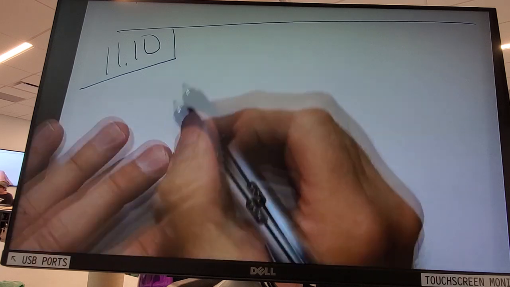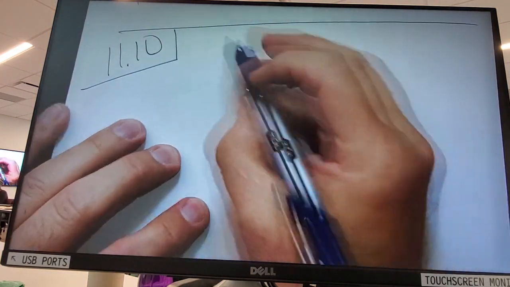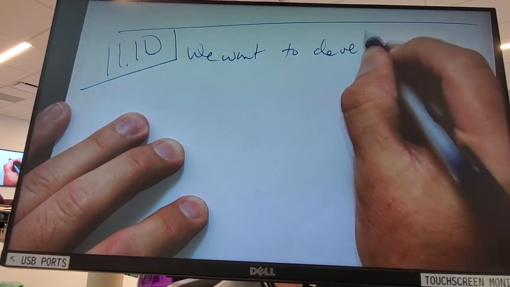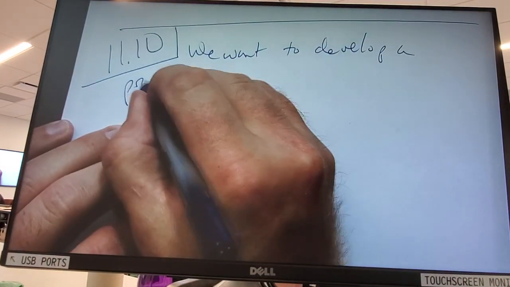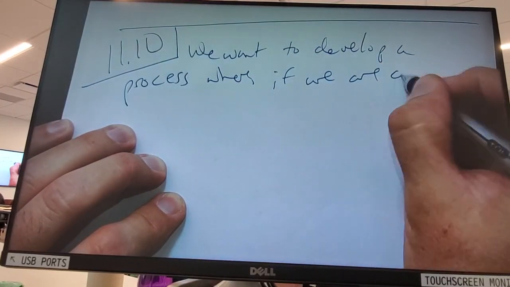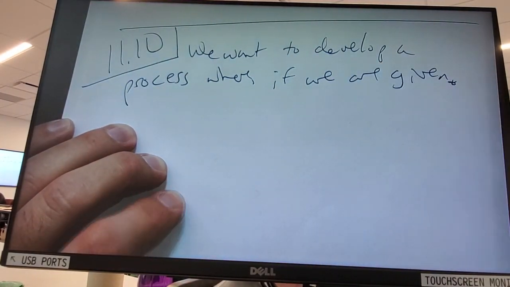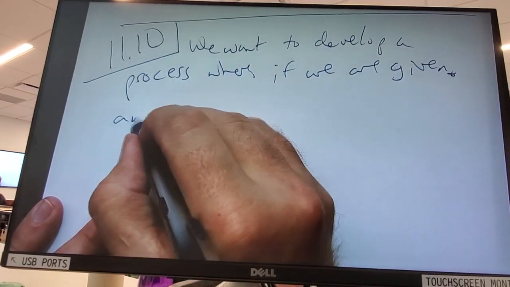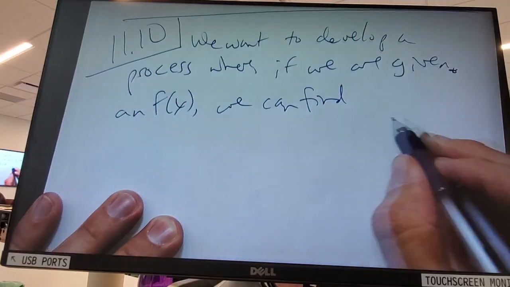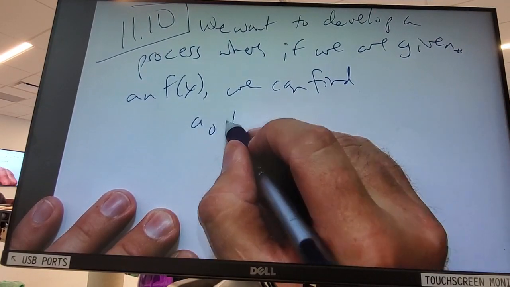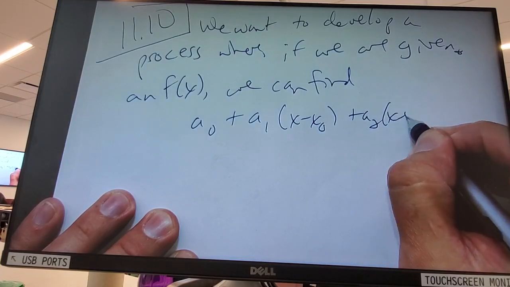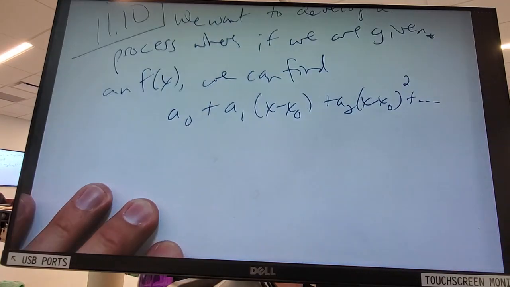Quiz. Good. So what we want is to develop a process where if we are given an f of x, we can find a0 plus a1 times (x minus x naught) plus a2 times (x minus x naught) squared, and so on.